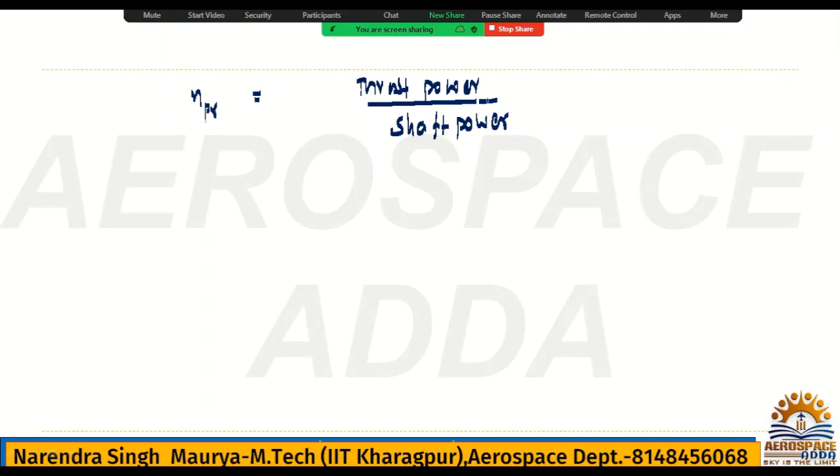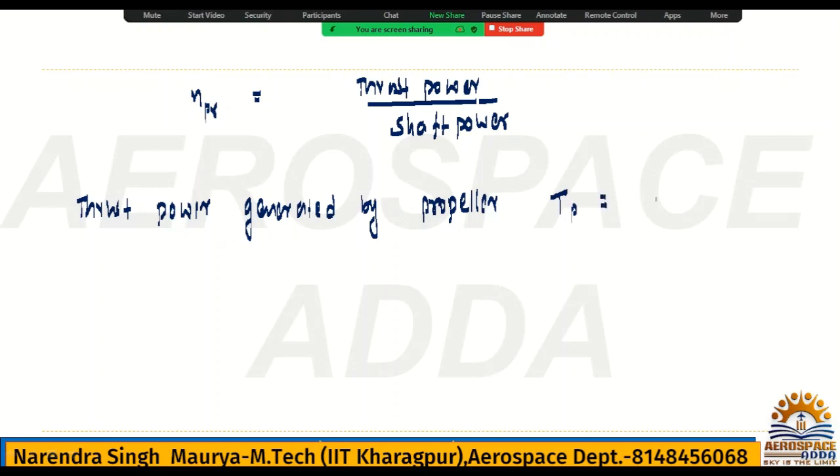The thrust power generated by the propeller, TP, is nothing but the thrust produced by the propeller into the speed of the aircraft, v infinity.